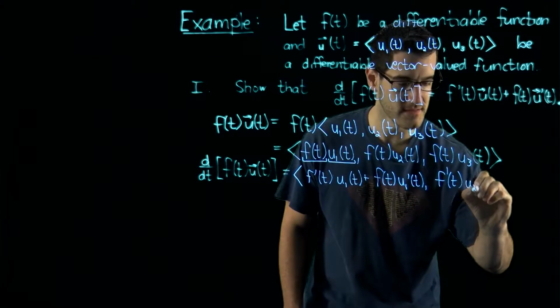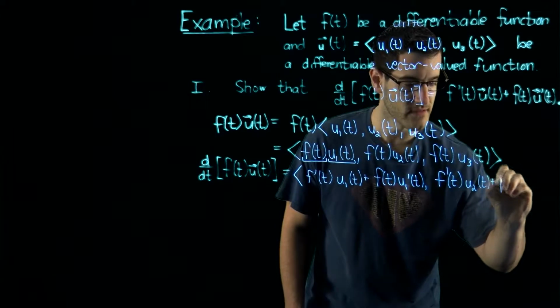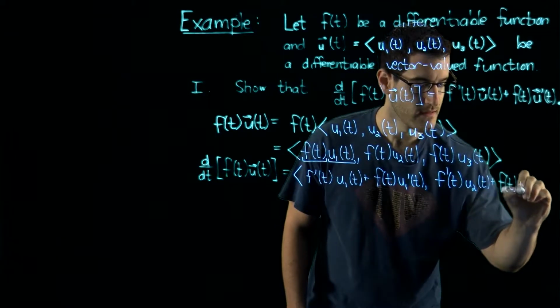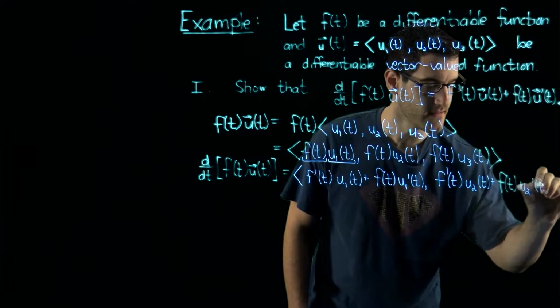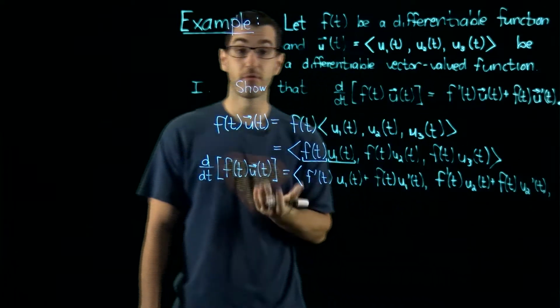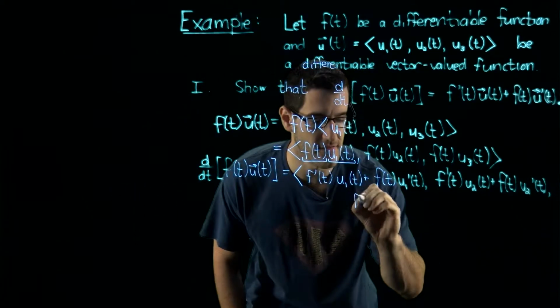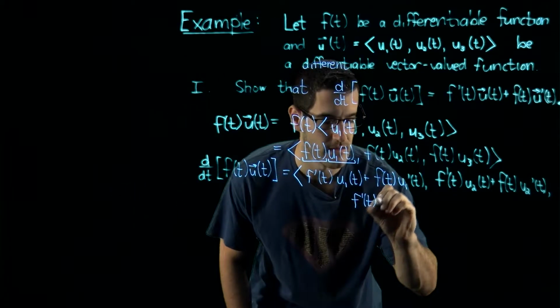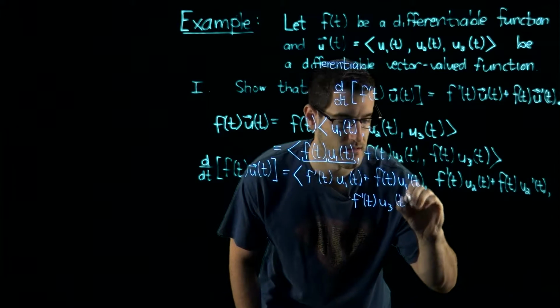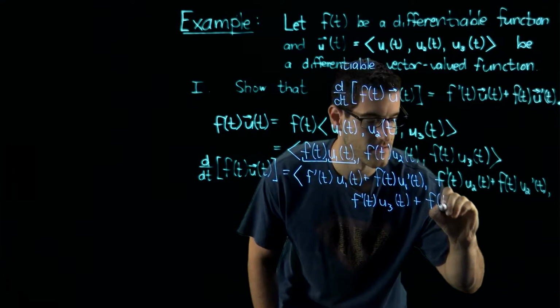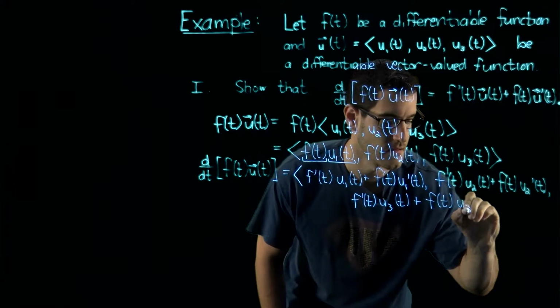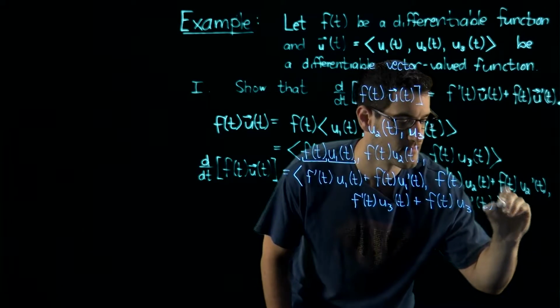Derivative of the first times the second plus the first times the derivative of the second. And then we'll do the same thing with that last component as well. So this will give me an f prime of t u3 plus f of t u3 prime of t.